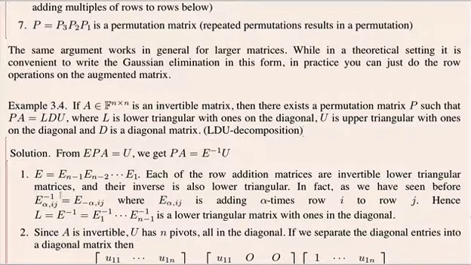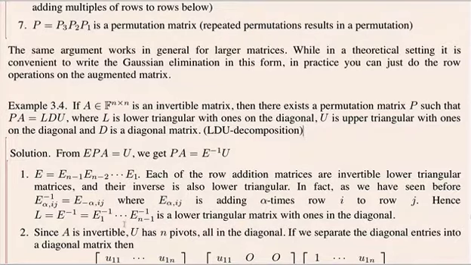We have seen before that when we have this E alpha ij matrix, and the notation here is that we add alpha times the ith row to the jth row, then the inverse of that is that we add minus alpha times the ith row to the jth row. So that means that the inverse of this E alpha ij matrix is E minus alpha ij. Exact same structure, except alpha is replaced with minus alpha in the lower triangular part.